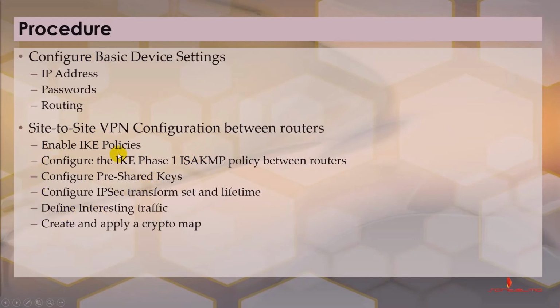First, we have to enable the IKE policies. Then configure the IKE phase 1 ISAKMP policy between the two routers, configure the pre-shared keys, configure the IPsec transform set and lifetime, define the interesting traffic, and create and apply a crypto map. Looks easy, right?